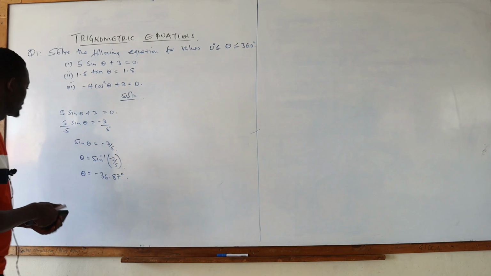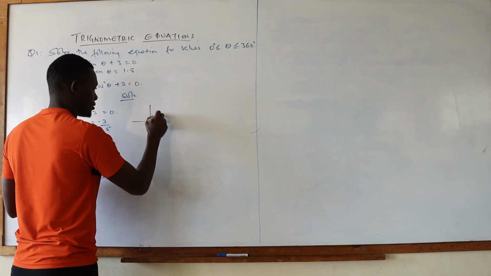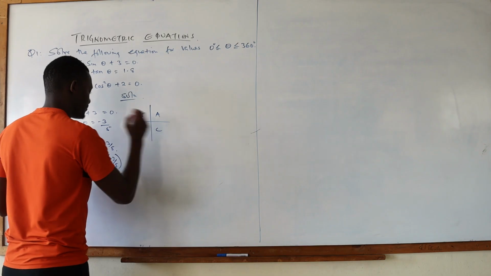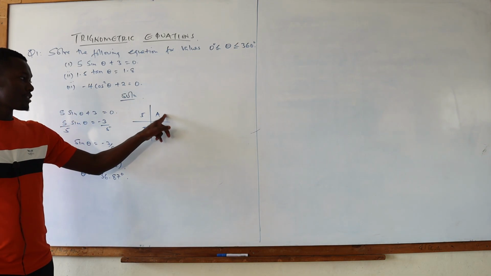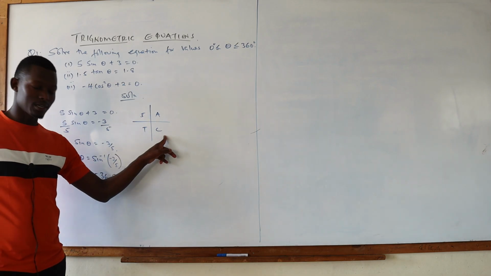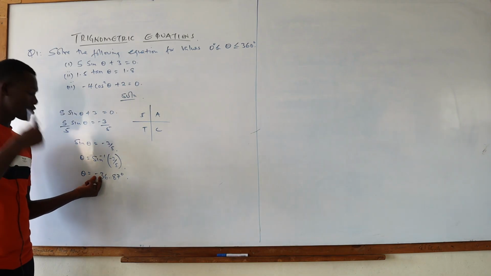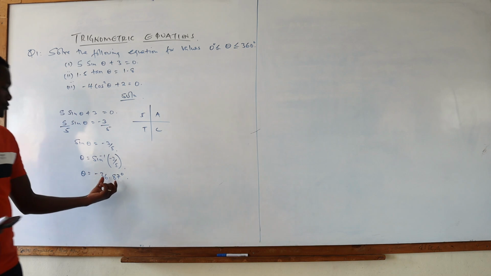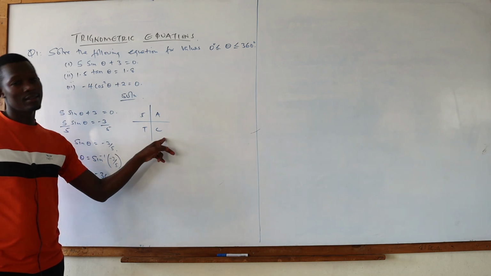Now, what do we know about the quadrants? We have All Students Take Coffee. So sine is positive in this quadrant and this quadrant, but negative in this quadrant and this quadrant. So the negative here is just an indication that your value should lie between this quadrant and this quadrant.